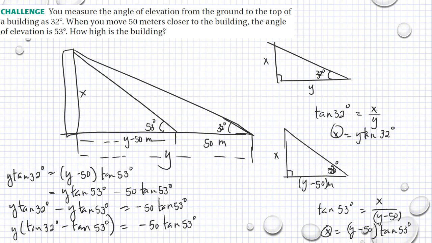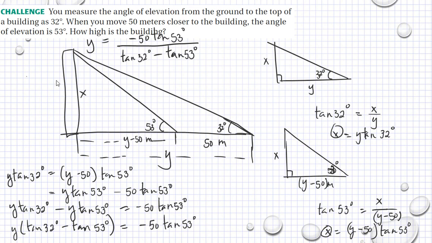So y is equal to negative 50 tangent 53 degrees divided by tangent 32 degrees minus tangent 53 degrees.